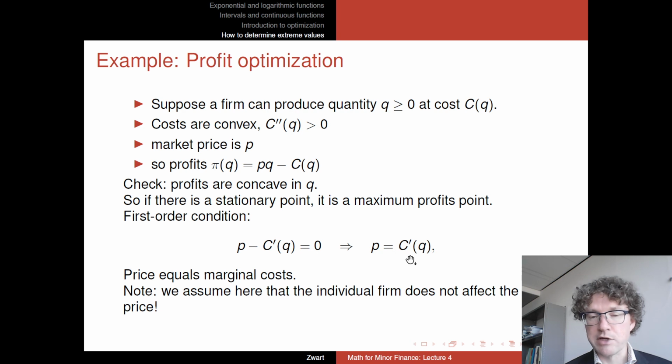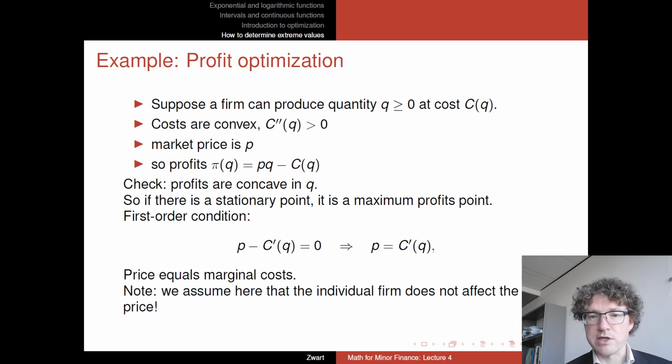Now in economic terms, we know what this is, of course. The derivative of total cost is marginal cost. So what this says in economic terms is price equals marginal cost. What we've just proven is that at the quantity which makes price equal to marginal cost, your profits are actually maximized.